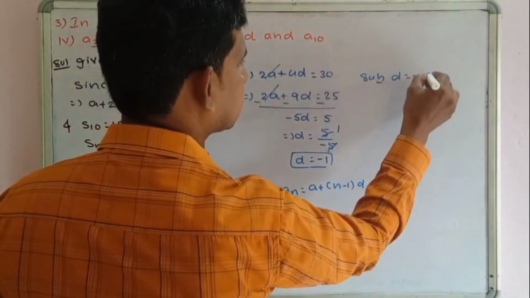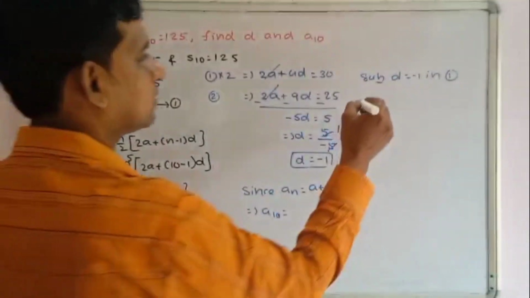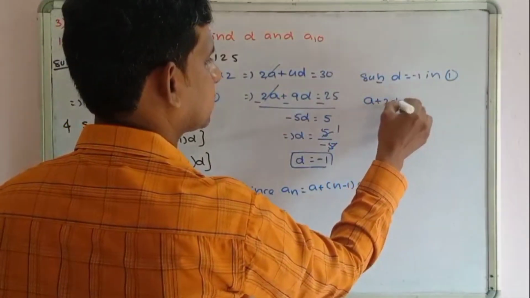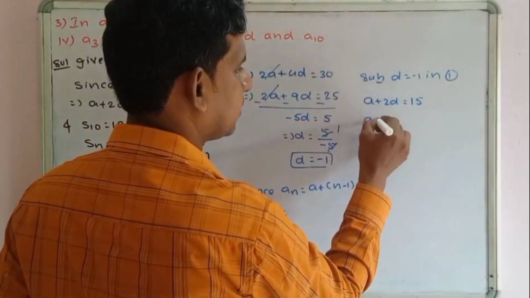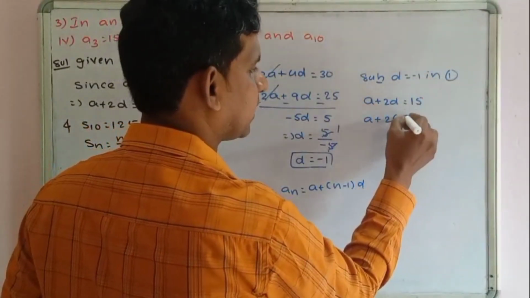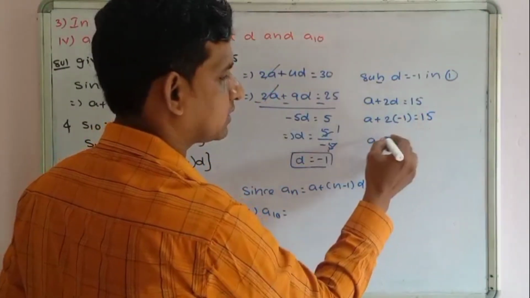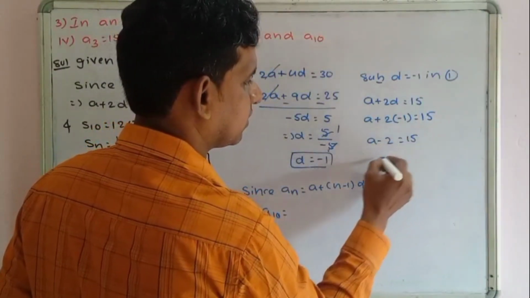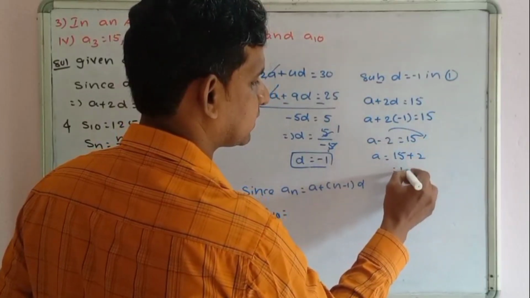Substitute d equals to minus 1 in 1 or 2. What is 1? a plus 2d equals to 15. So a plus 2 times of d value minus 1 equals to 15. So a plus times the minus is minus 2 equals to 15. a equals to 15 minus 2, transpose, let's say plus 2, that is 17.